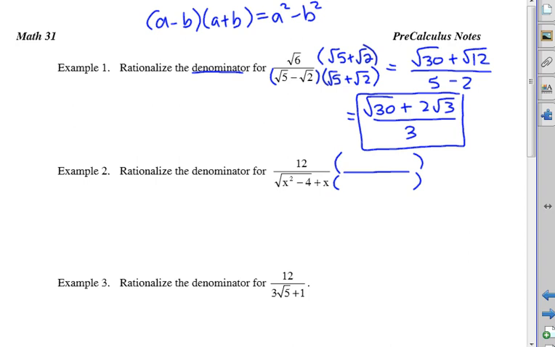Okay, what's the conjugate pair here? Square root of x squared minus 4, plus and minus x. So the square root of x squared minus 4, and then instead minus x.